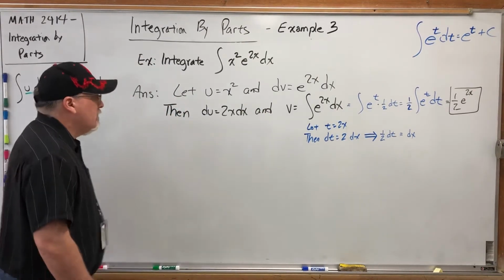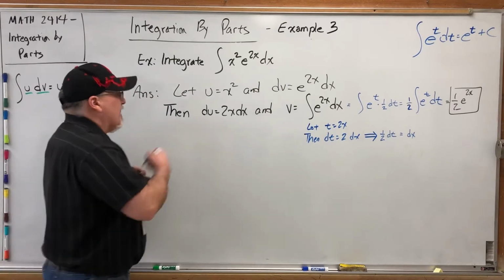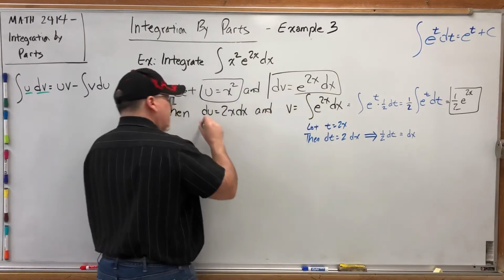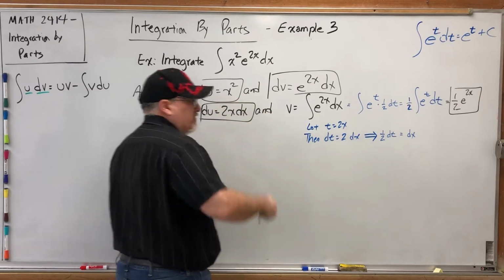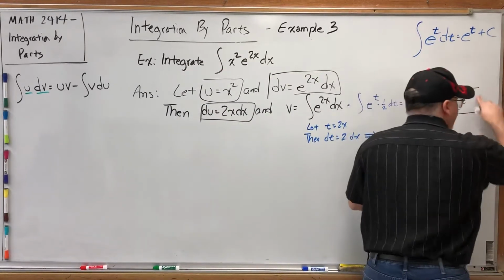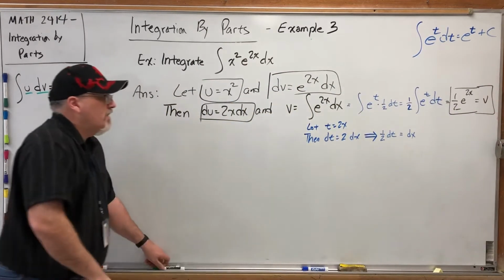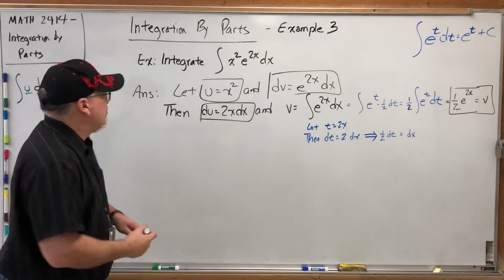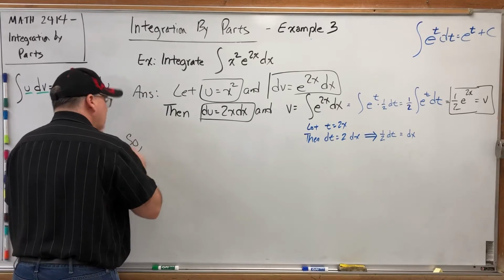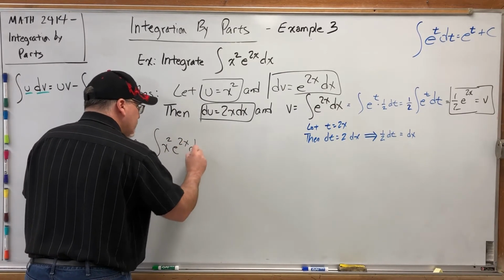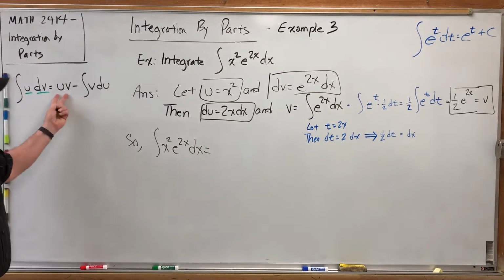All right, so we've got, let's put boxes around all the pieces. Here's u, here's dv, here's du, and then of course v is all the way over here. I'll put equals v. And let's do our integration by parts. So the integral of x squared e to the 2x dx is equal to u times v.